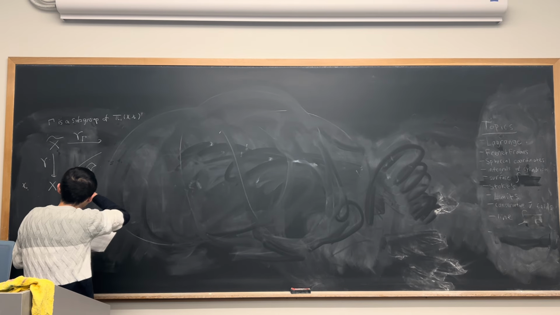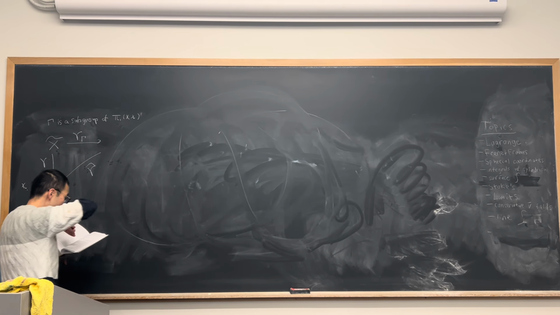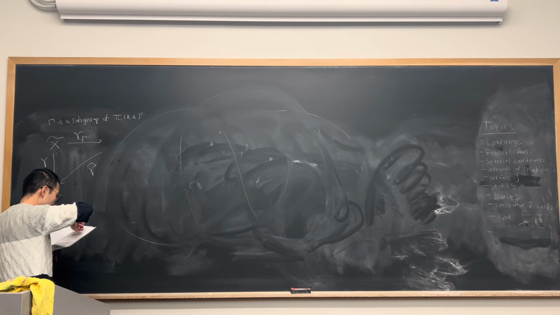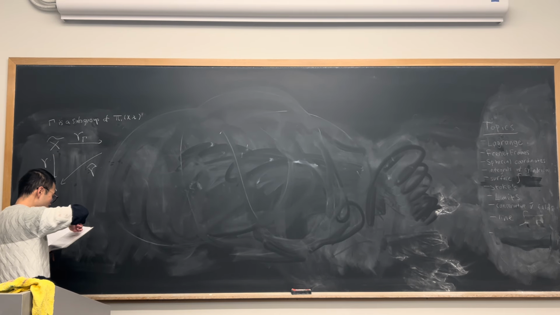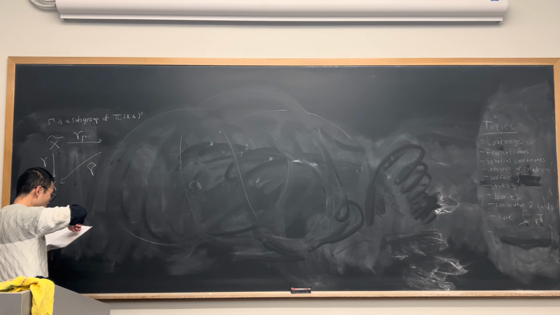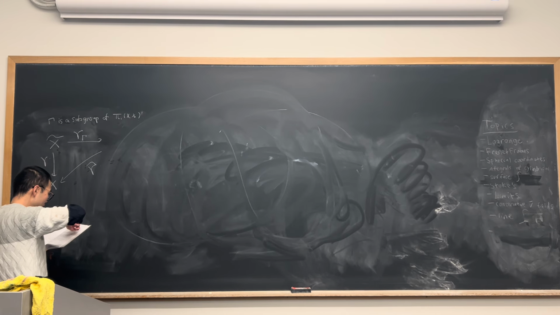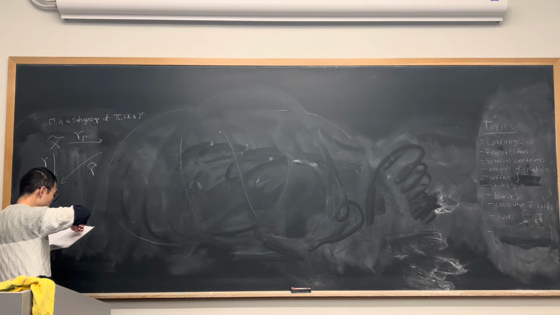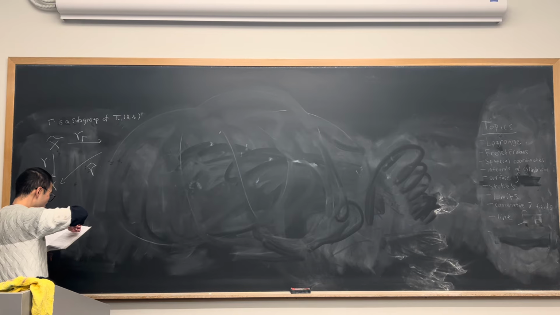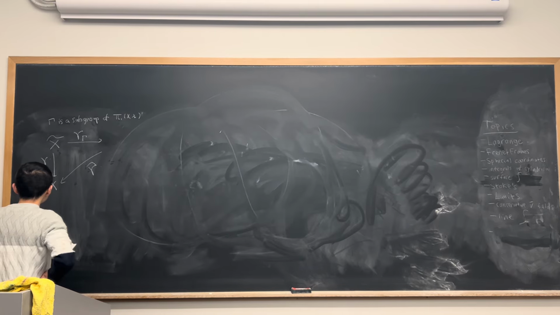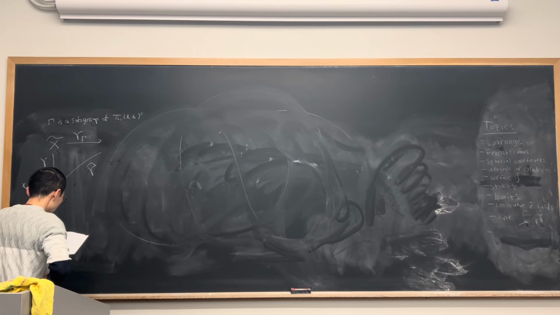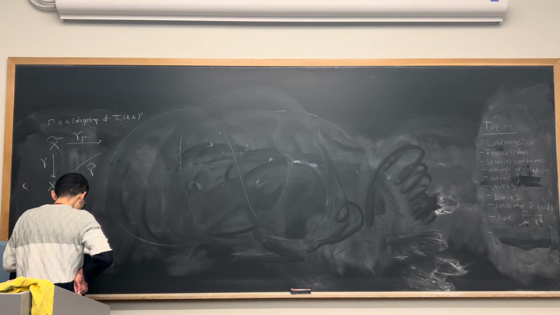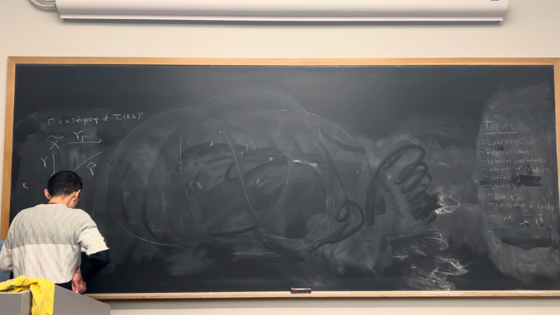What happens if you have a different point? A subgroup of pi 1 X naught.